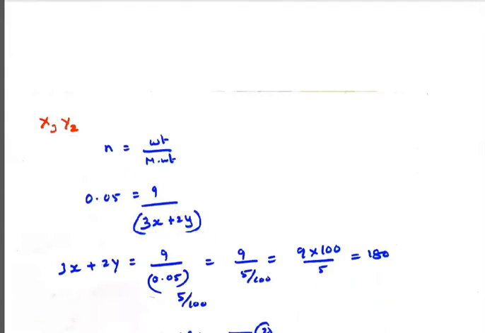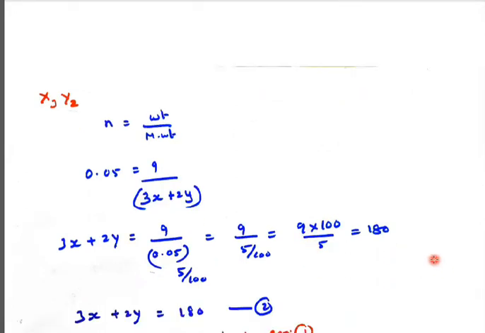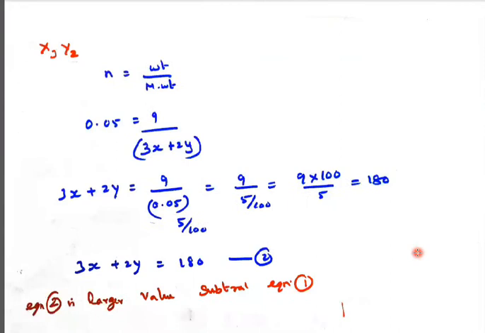Taking it outside, 3X plus 2Y is equal to 9 divided by 0.05. We can write 0.05 as 5 by 100, so the 100 goes up: 9 into 100 by 5, which is 900 by 5, giving 180. Easy calculation.